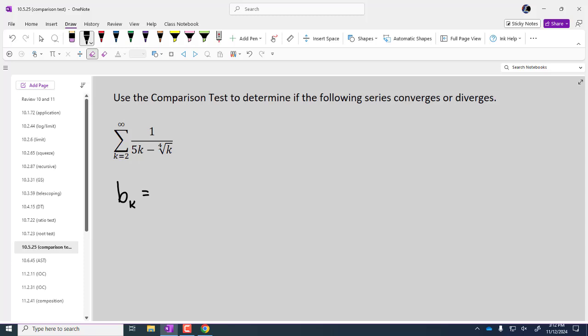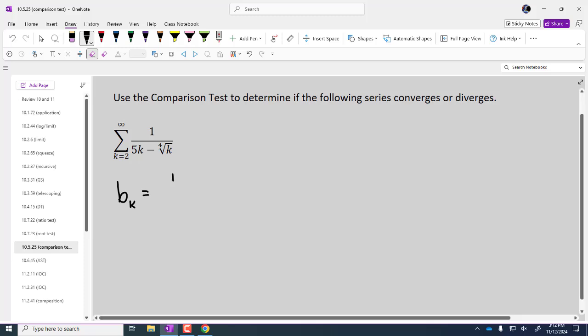And when we look in the denominator, we have a function 5k and we have a function 4 through to k. 4 through to k is a bird wing, right? It's like a square root function. So it grows to infinity, but it goes very slowly. Y equals k or y equals x goes to infinity faster. So this is going to be less significant.